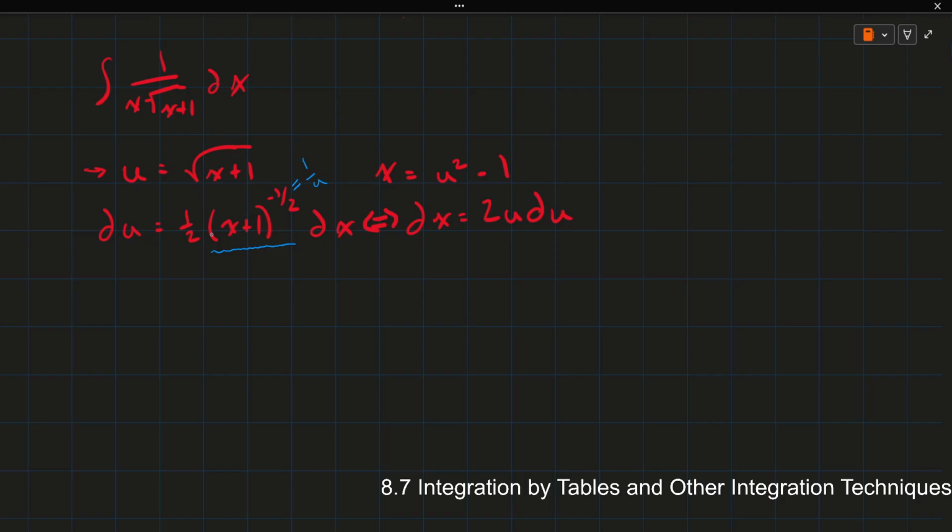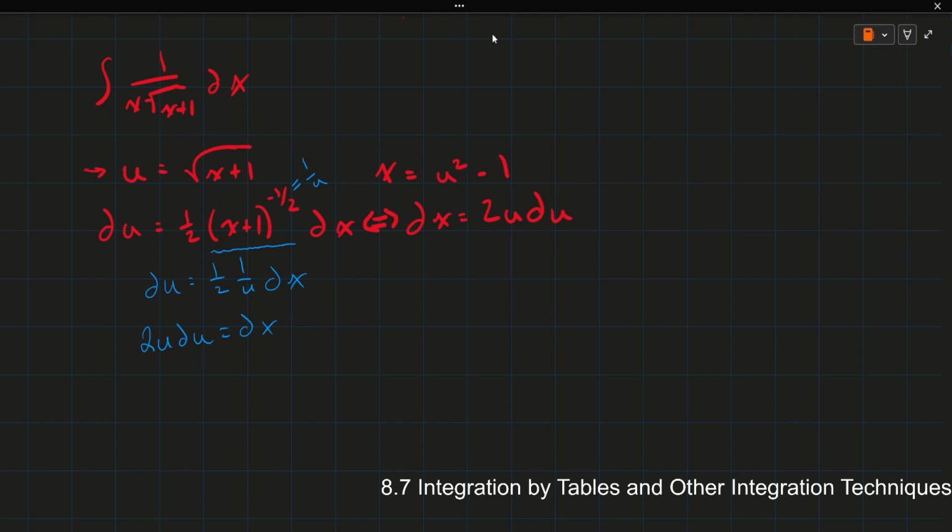So 1 over the square root of 1 plus x is 1 over u. So if you rewrite that, it would be du equals 1/2 times 1 over u dx. You move stuff around, you end up with 2u du is equal to dx. So just a shortcut. They both work the exact same way. You do you however you want.